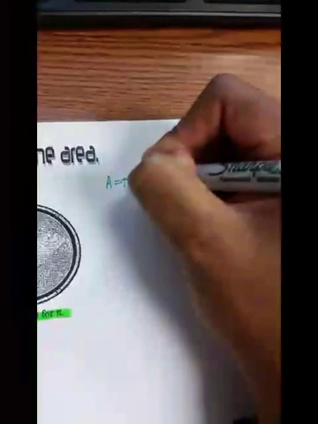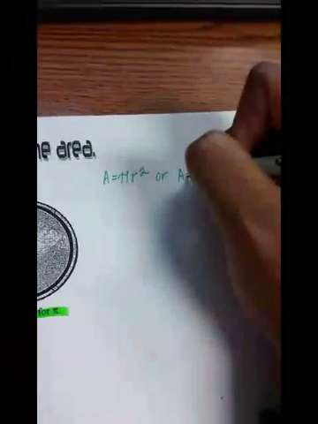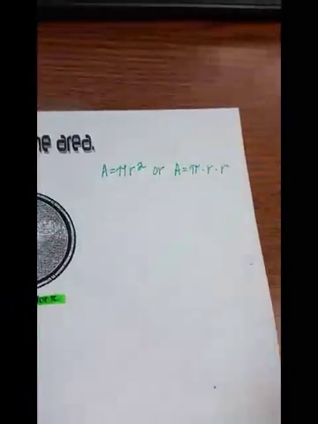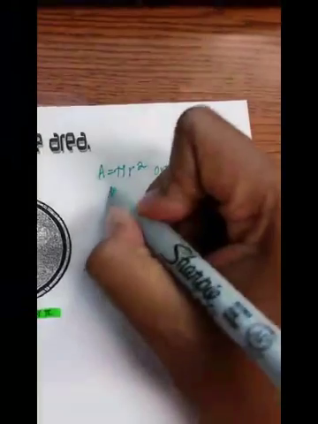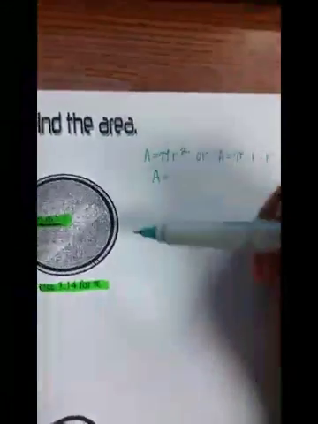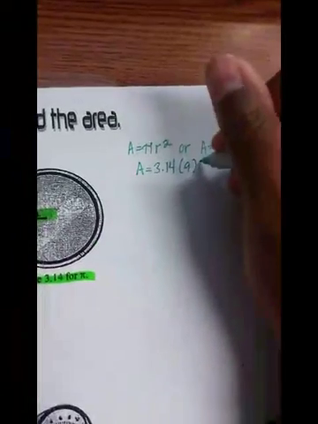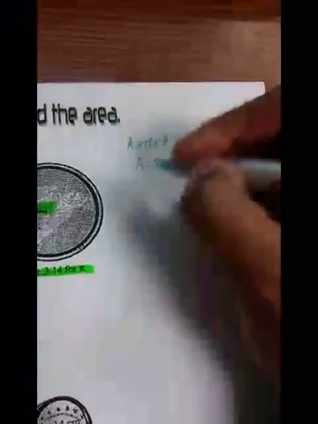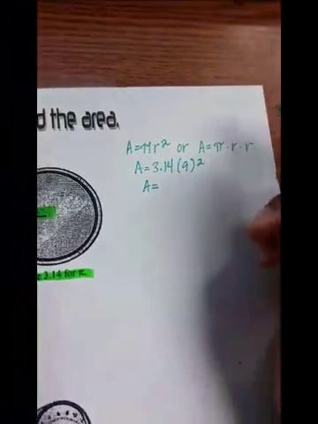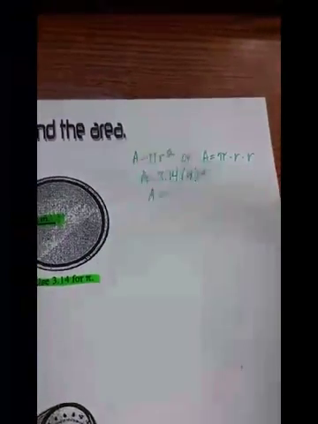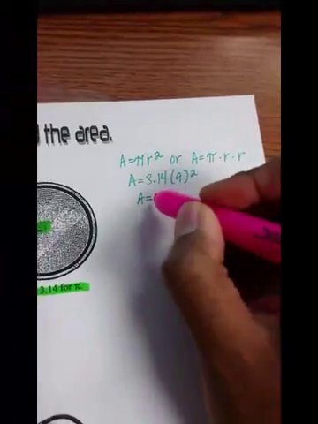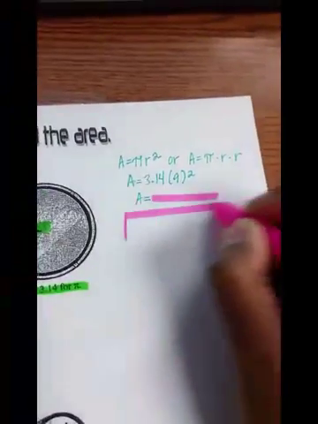A equals pi r squared, or A equals pi times radius times radius. Okay. Now, next step is plug in my numbers. I'm using 3.14 for pi. So 3.14 times 9 squared. A equals, I want you to fill that part in and also get me an answer.